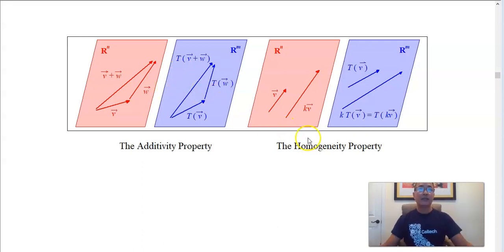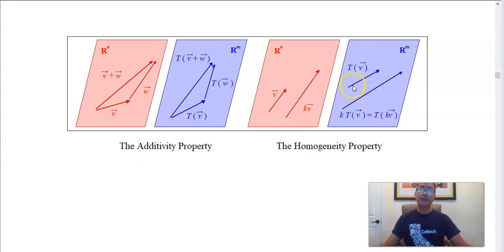What does homogeneity look like? Well, you have V in the domain, multiply it by a scalar K, K times V. So you might maybe double the length if you multiply by 2, but the two vectors are parallel to each other.